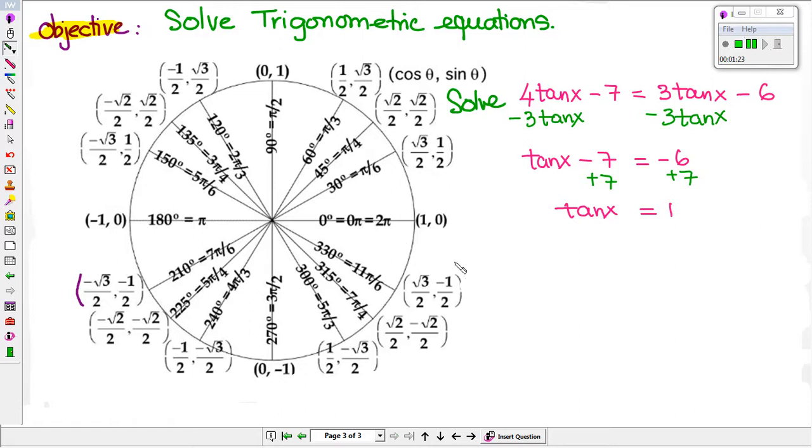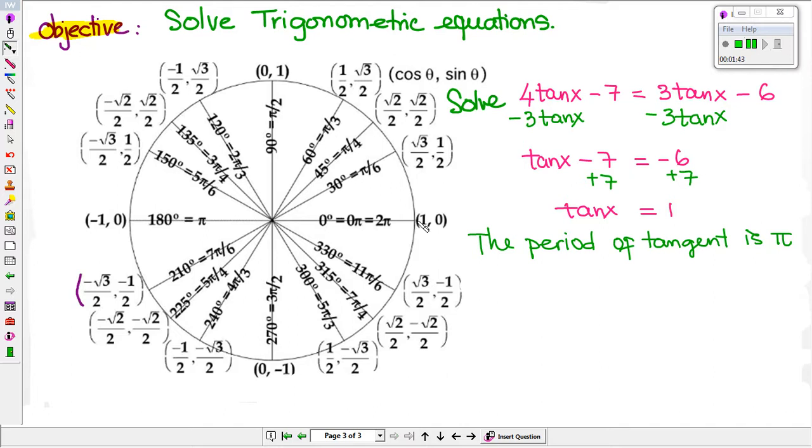As we all know, the period of tangent is pi. So it means that on the unit circle, we are going to look at half of the unit circle.